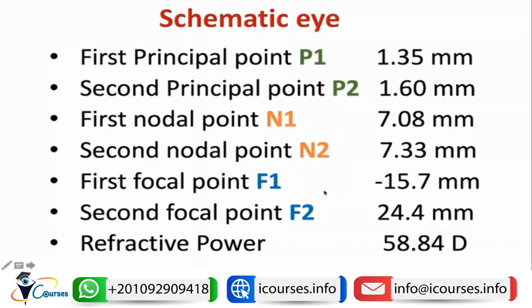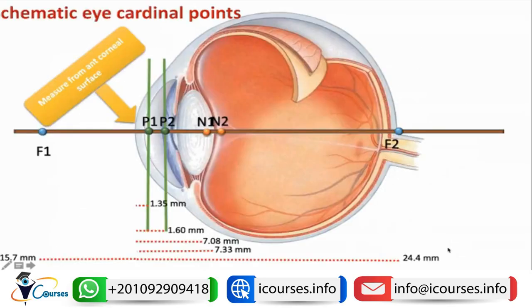The second focal point is F2, which is 24.4 millimeters, the same as the axial length of the normal average human eye. By calculation, Goldstrand reached that the refractive power of the eye is 58.84 diopters. So let's see this in action.